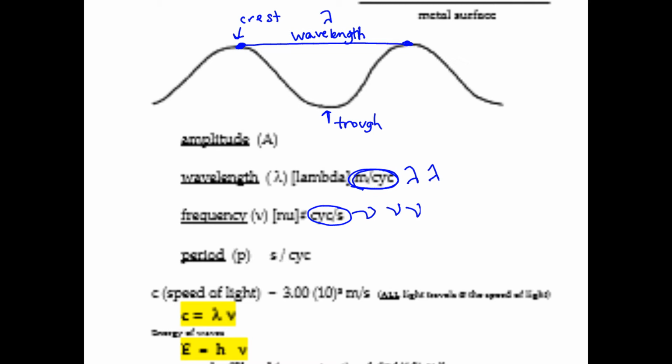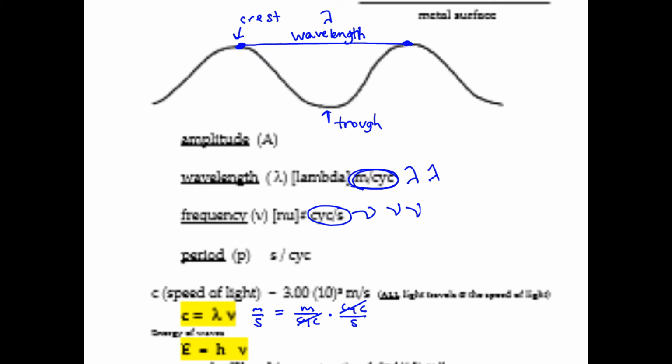Now, if you take a look at these units and multiply them, you'll see that meters per cycle times cycles per second, the cycles are going to divide out, and you're just going to get meters per second. This hopefully helps you to understand that the speed of light is equal to wavelength times frequency.